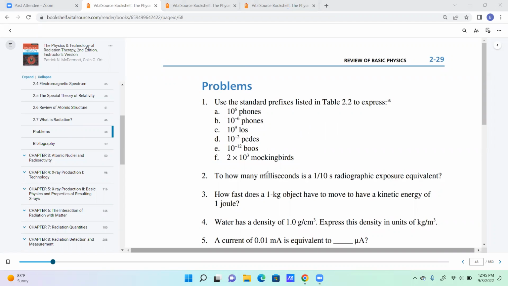Not much to all of these except going through and trying to figure this out. This one is 2 times 10 to the 3rd. If you go back and look it up, you'll find out that is kilo. So you could have 2 kilo mockingbirds.